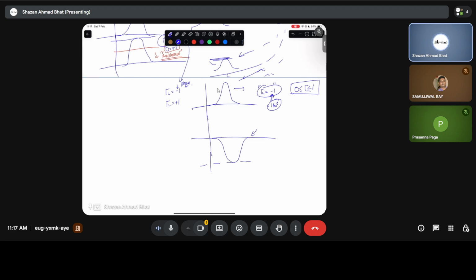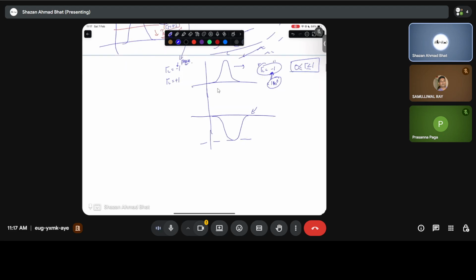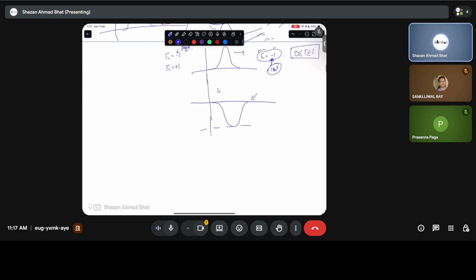Okay, and you can compute it using simple mathematical analysis. It's not a big deal. Let's talk of a mirror. You have an electromagnetic wave coming in towards the mirror. There is a reflection of the electromagnetic wave, and it doesn't go back exactly like this.